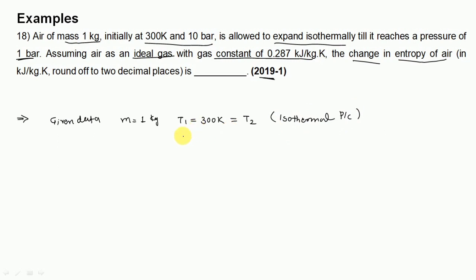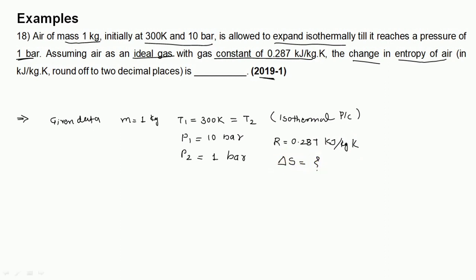Then pressure is given, P1 is 10 bar, and after expansion P2 is 1 bar. And R is given 0.287 kilojoule per kg Kelvin, and we need to find delta S, the change in entropy.